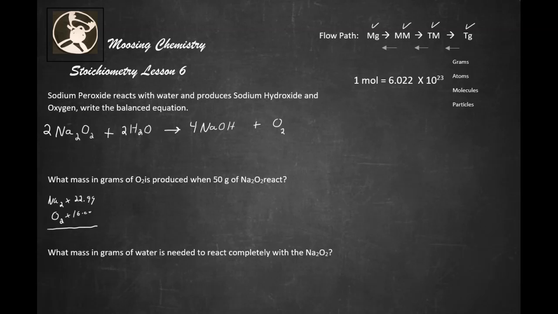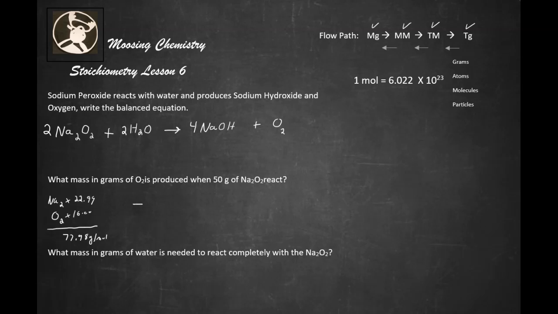So we get 22.99 times 2 plus 32 tells me that's going to be 77.98 grams. So we're at 77.98 grams per mole. Now we can do this question.